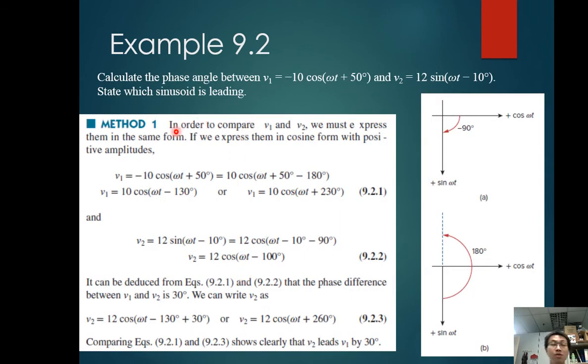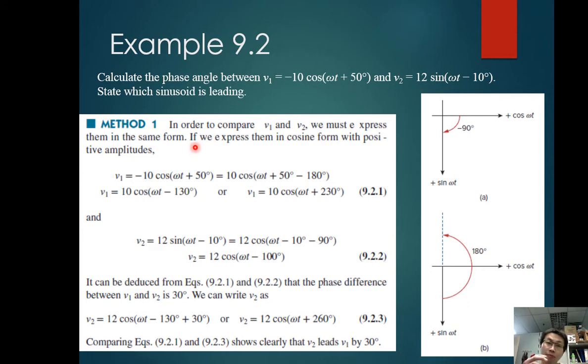Example 9.2. Calculate the phase angle between V1 equals negative 10 cos(omega t plus 50) and V2 equals 12 sine(omega t minus 10). We need to find which function is leading.